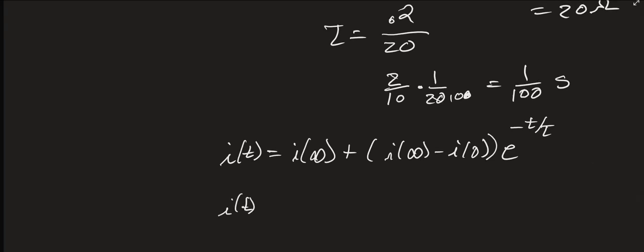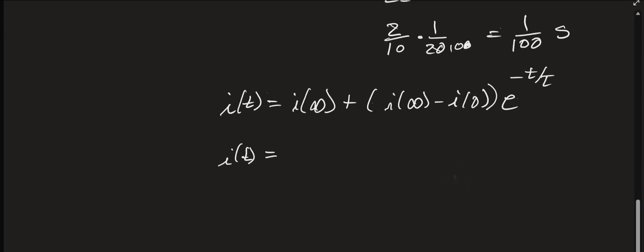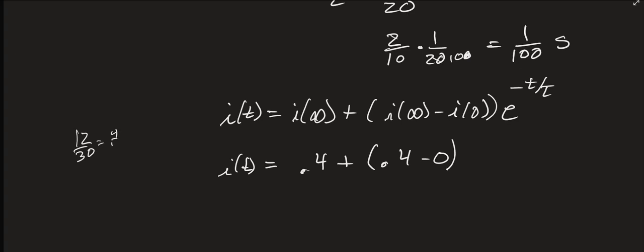So I of t equals I at infinity, which was 0.4? 12 over 30. Did I do that right? Did anybody check me? Is that 0.4? Yeah, I think it's 0.4. E to the minus t over 1 over 100.